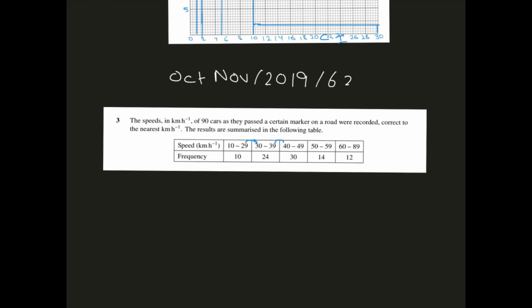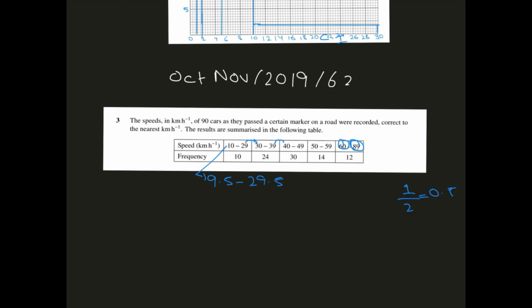So to accommodate this gap of 1, we split that 1 into 2, so 0.5, and then we add 0.5 to the upper boundary, and subtract it from the lower boundary. So for this particular group, it will be 10 minus 0.5, so 9.5, to 29 plus 0.5, which is 29.5.